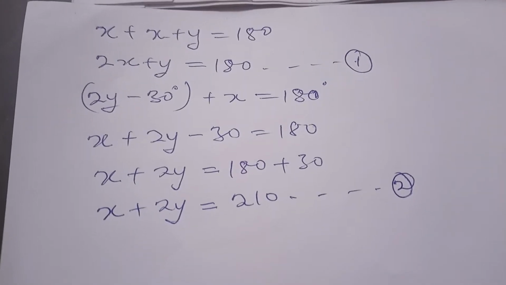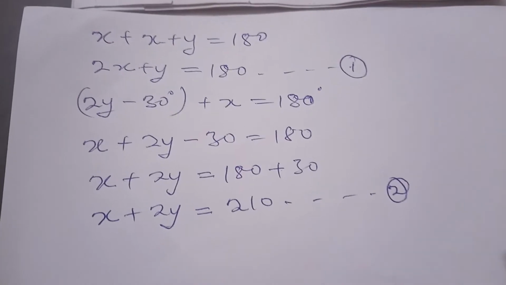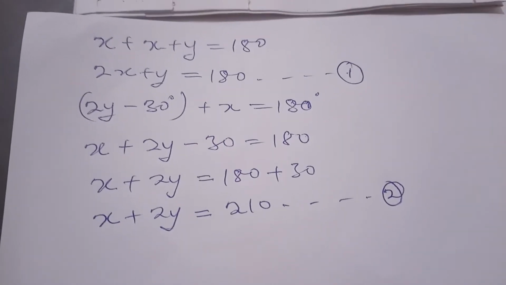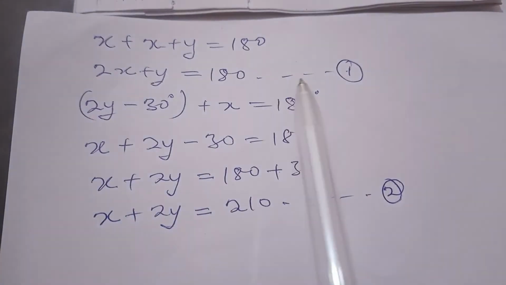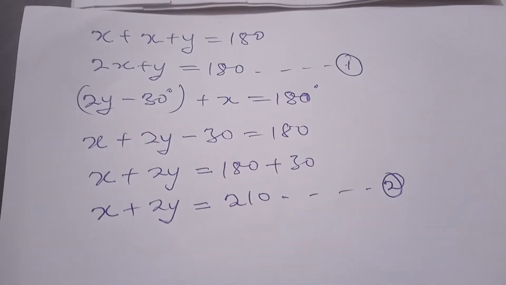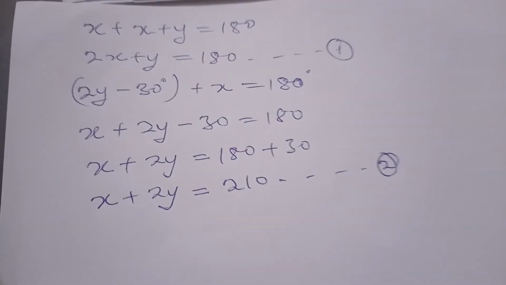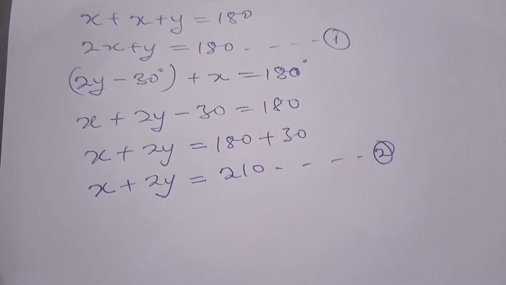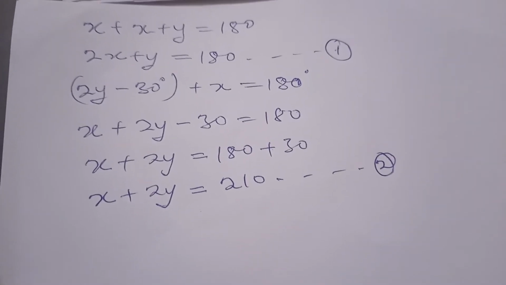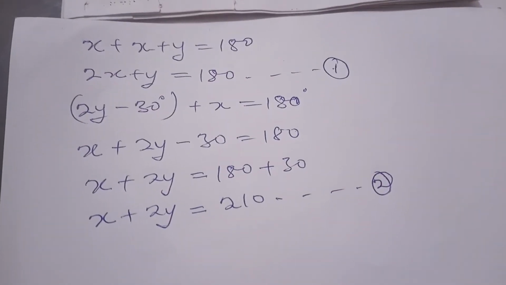We'll come back again. For an equation involving two variables, none of which is known, we need at least two of those equations. And here we have it, equation 1 involving x and y, and equation 2 involving x and y. So we need to solve the two equations simultaneously to get the value of x. Under normal circumstances, we should get the value of x and y, but this question is demanding only x.